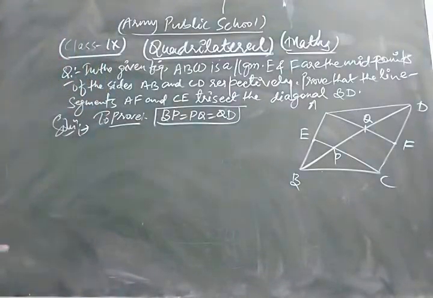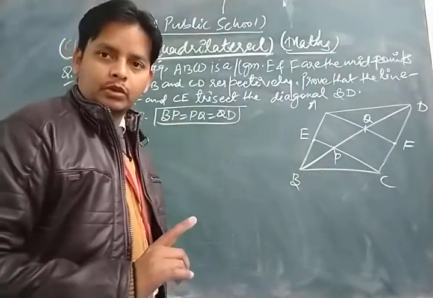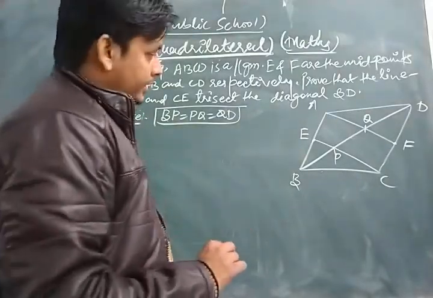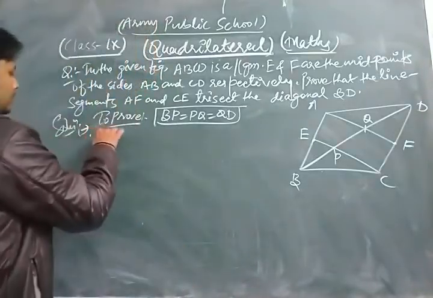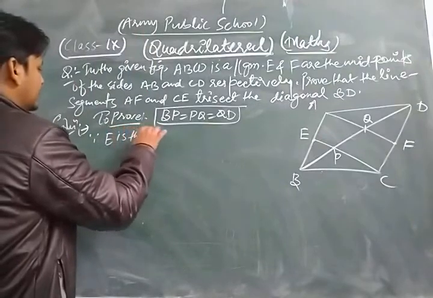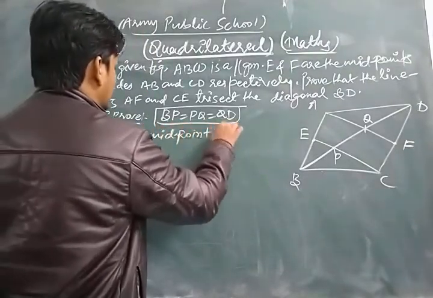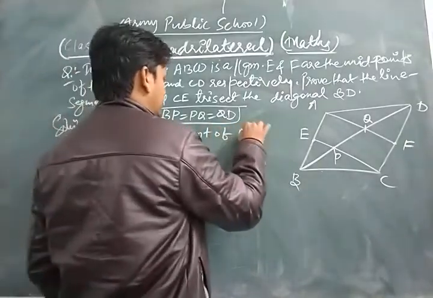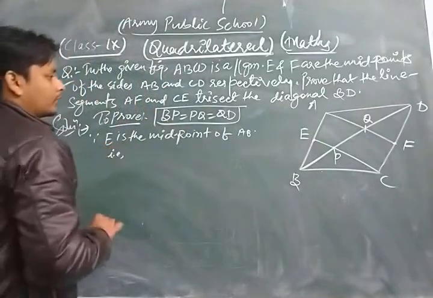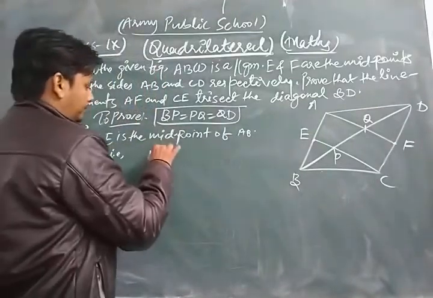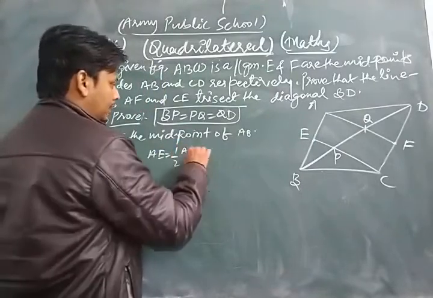First of all, ABCD is a parallelogram. Since E is the midpoint of AB, AE is equal to half of AB.